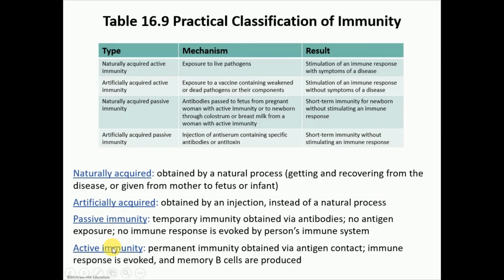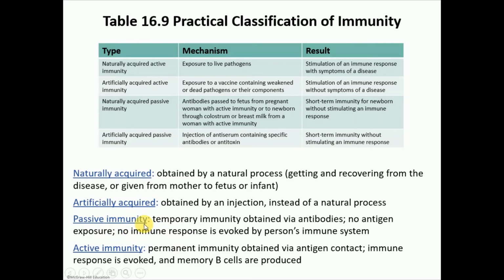Now, passive and active immunity depends on whether the antibodies were made by your own immune system. So your immune system was actively involved in making those antibodies. That is known as active immunity. This is a more permanent kind of immunity because you have activated your immune cells and you have made memory cells.